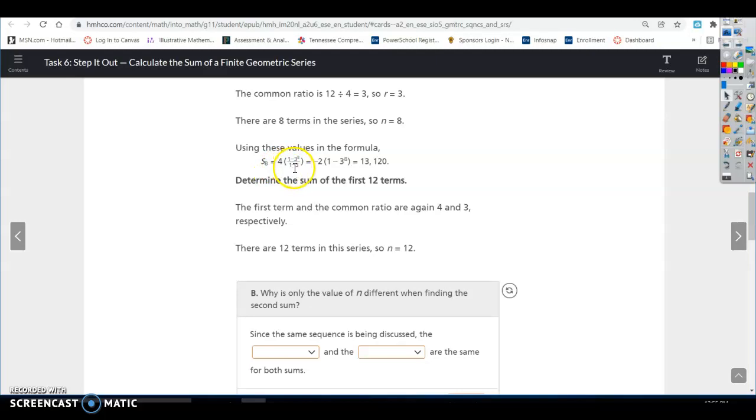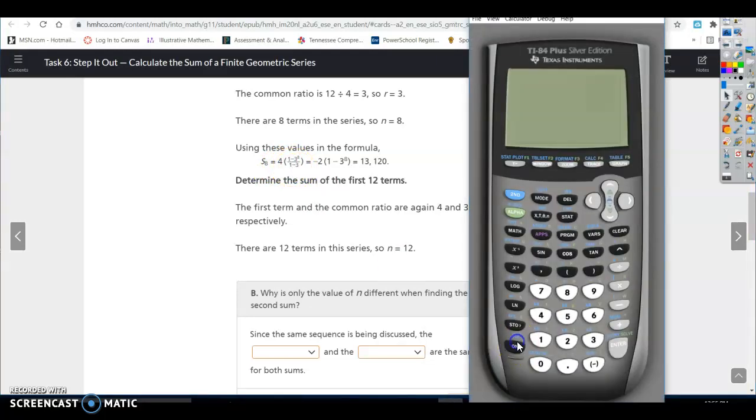All right, so if you use your calculator, I want to show you, you have to be careful. You do have to make sure you enter this correctly in your calculator or it will not give you the right answer. So if I type in 4 and then times, and I'm going to have 1 minus 3 to the 8th power, and I'm going to close my parentheses, and I'm going to divide.